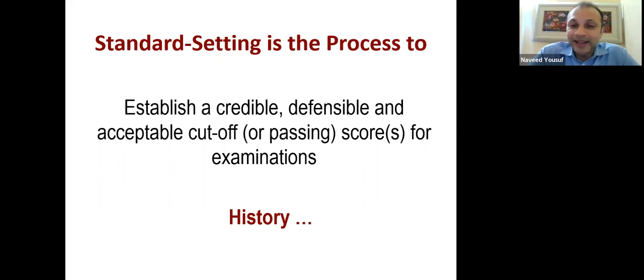And very interestingly, the university lost the case in the court because they did not have any justification, rationale, or evidence for the pass mark. They could not prove that students scoring 60% will be good lawyers and students scoring 59% will not be good lawyers.